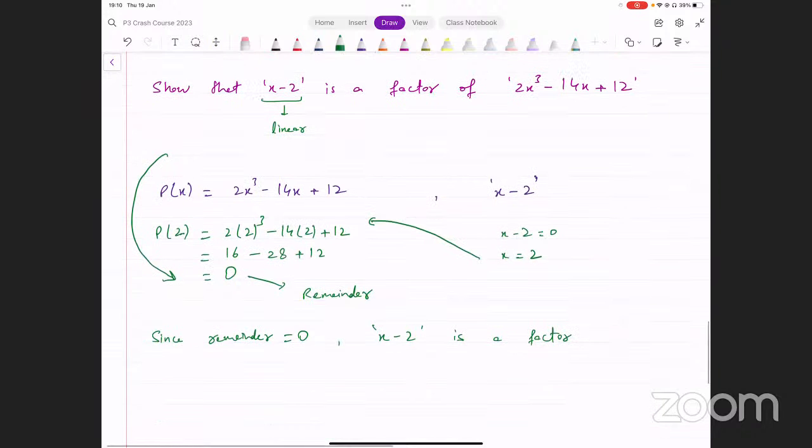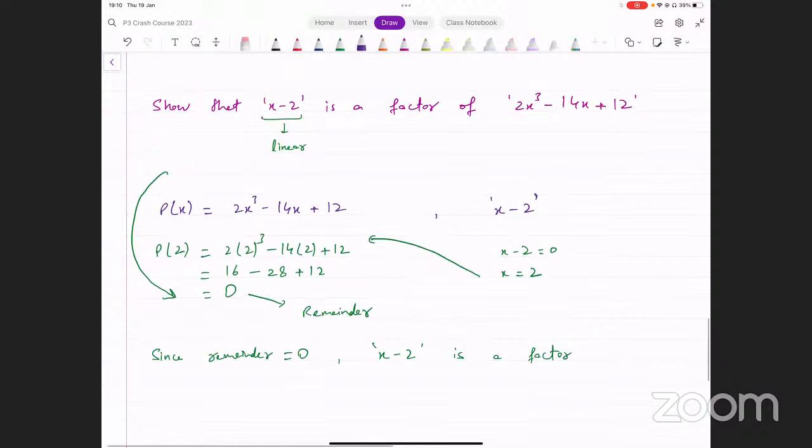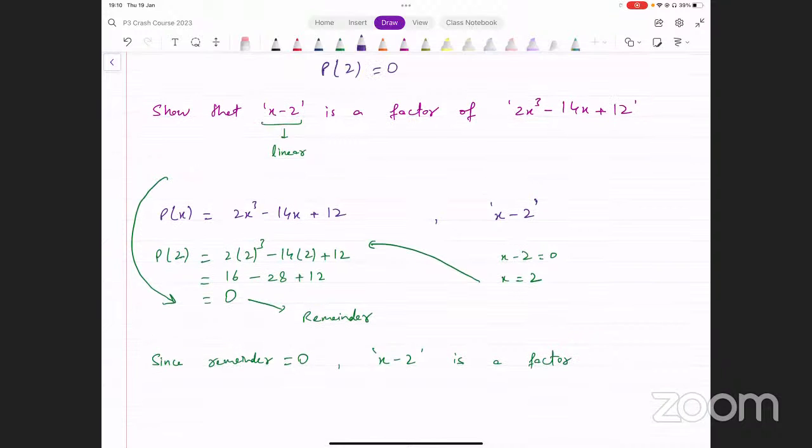So the factor theorem basically says if you divide something by a factor, if x minus 2 was a factor, then p of 2 would be equal to 0. What does that mean? If you were to input x equals 2 in the polynomial, the result would turn out to be 0. इसको factor theorem भी कहते हैं, right?